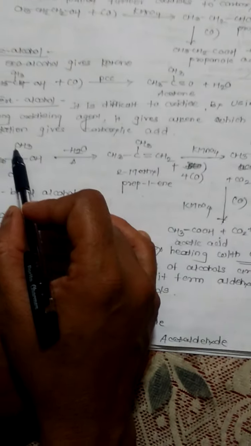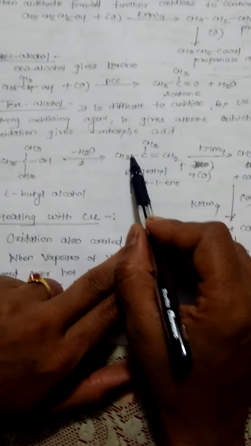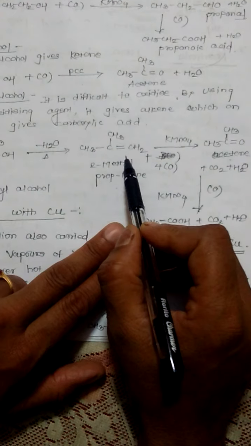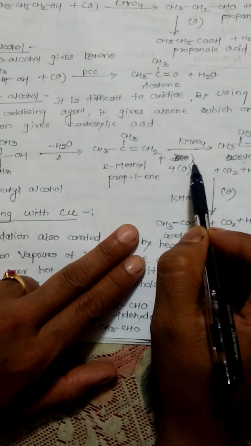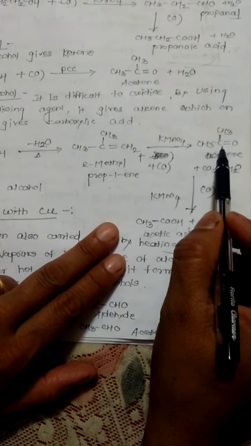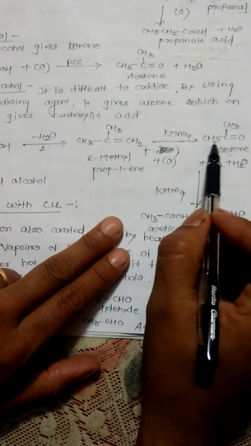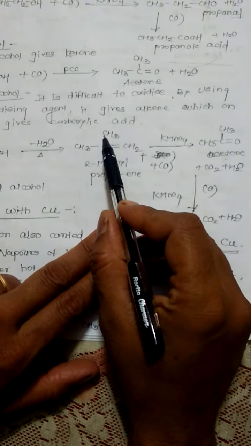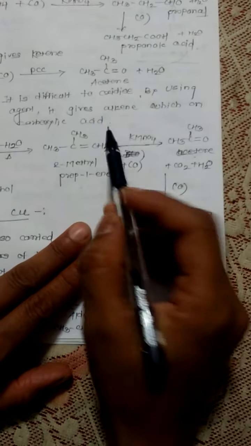Now see, in this example there are 4 carbon atoms. The alkene has the same carbons, but when this alkene undergoes oxidation to form a ketone, the carbon atoms decrease by 1. 1, 2, 3, 4 carbons here, but here 1, 2, 3. So where is the 4th carbon?